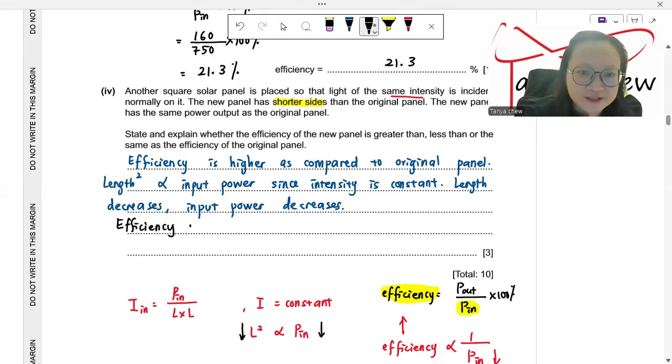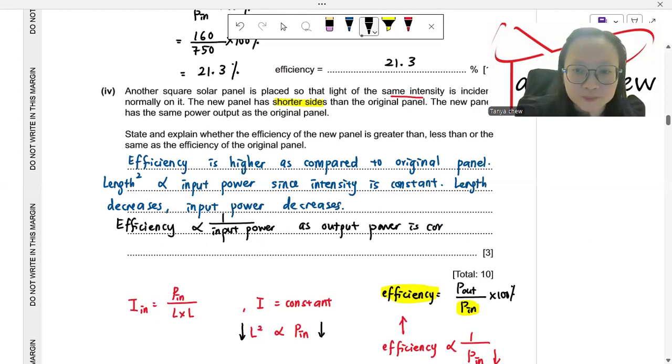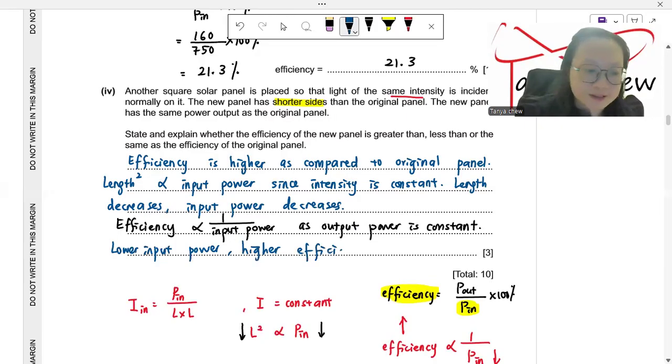Efficiency is inversely proportional to input power as output power is constant. Therefore, lower input power, higher efficiency. So that's the explanation.